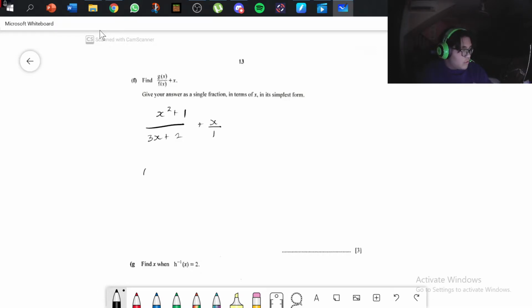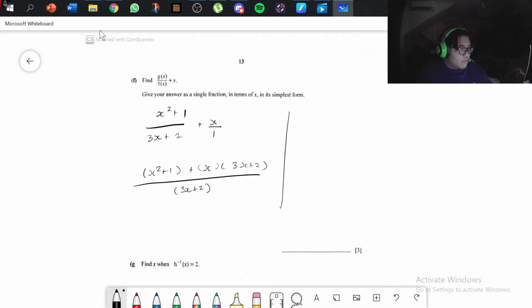Cross multiplication: bracket x squared plus 1 plus x bracket 3x plus 2, over 3x plus 2.